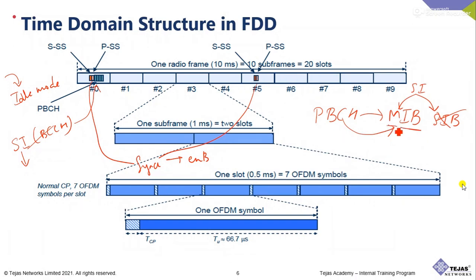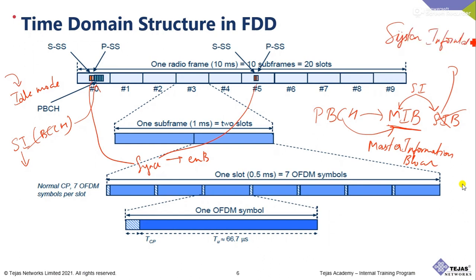MIB stands for Master Information Block, and SIB stands for System Information Block. We have these slides subsequently, so don't worry, all the full forms and the MIB and SIB tables are available.